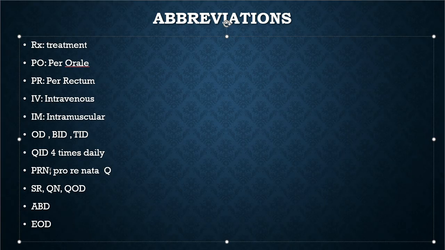Q, when we say Q 6 hours, means every 6 hours. So Q means every. We can say Q8, every 8 hours, and so on. ABD at bedtime. This drug should be taken once the patient wants to go to sleep. EOD every other day.